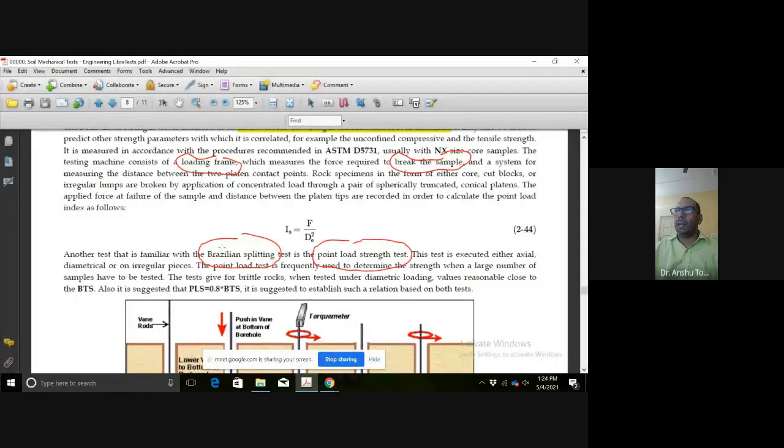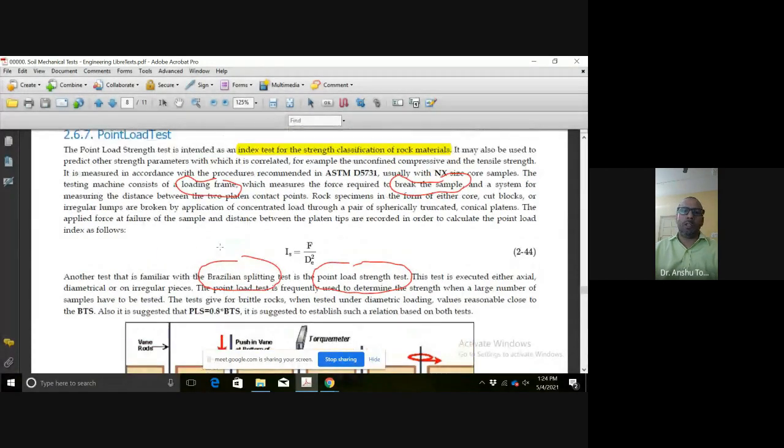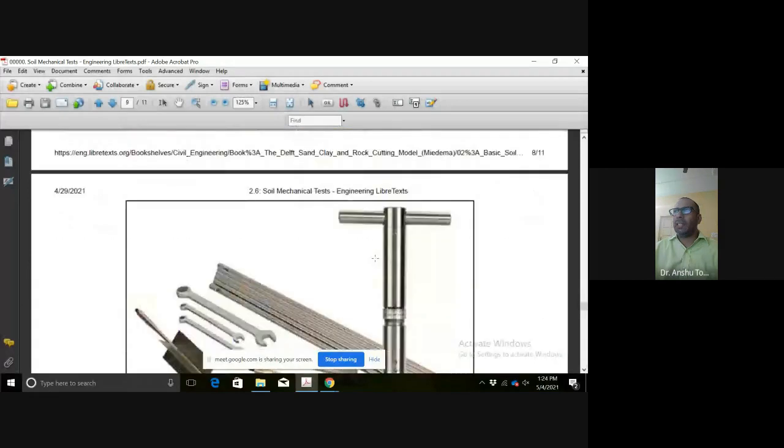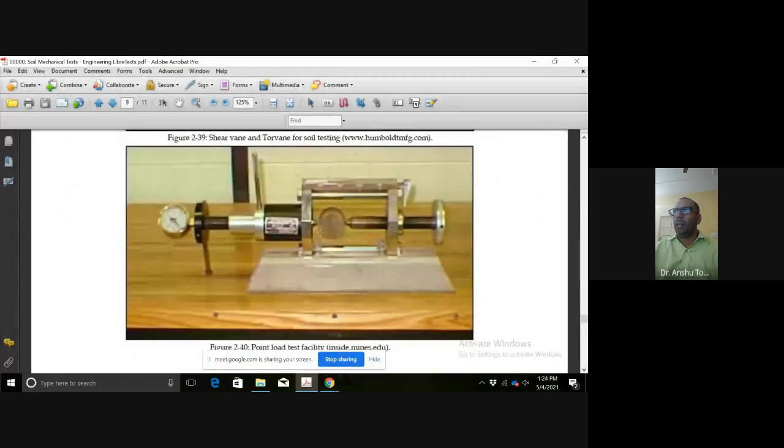So another test which can be performed on the same setup, similar to the Brazilian splitting test, is the point load strength test. Now we can easily see the frame here. If we can have a contact here, either we can push it like this, or we can pull it outside the sample.